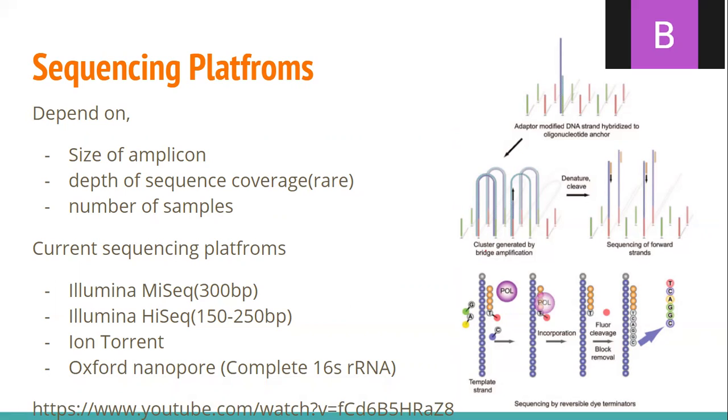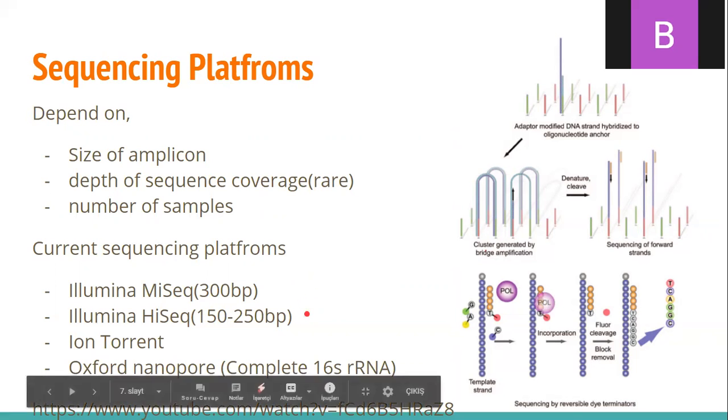So we read these shines in order to sequence them. This is how Illumina is done. Illumina HiSeq is also good for targeted sequencing. It is actually the better quality version of Illumina MiSeq because it uses stronger lasers, and it can go up to 250 base pairs.